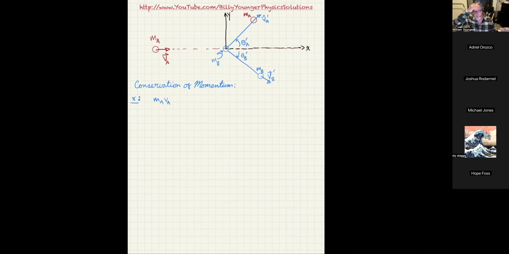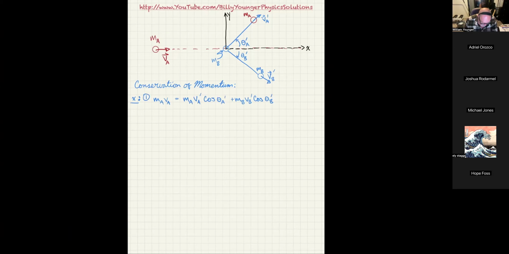But after the collision, the x component has to be found using trigonometry, and setting the x component after the collision equal to the x component before the collision gives me MA VA prime cosine theta A prime plus MB VB prime cosine theta B prime. So this is going to be what I call equation one.